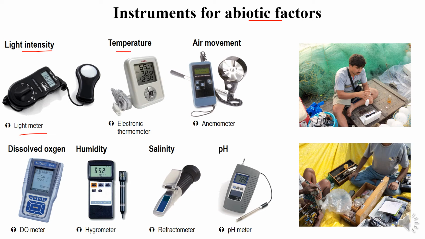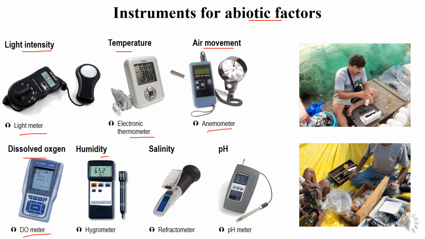Then the temperature: a simple digital thermometer you can use to measure the temperature of the water surface or the air, whatever you want. And for air movement, the anemometer is basically used to measure the air speed or wind speed, and you can also get the direction. Dissolved oxygen is a very important physical parameter among the abiotic factors, measured with a DO meter.